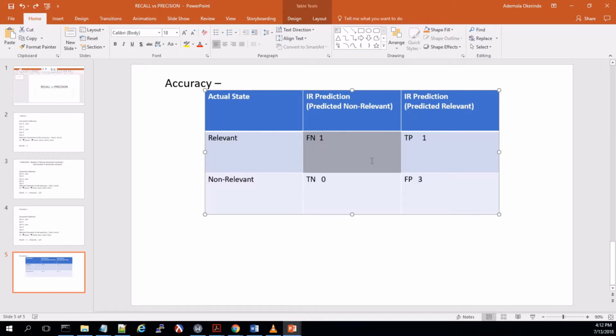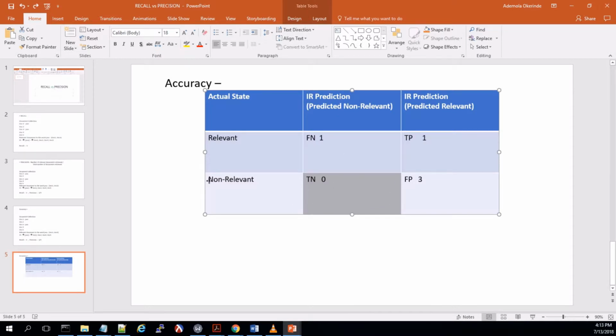Anything here is the intersection of actual relevant and predicted non-relevant. This is saying that the IR system says it is non-relevant, and the actual judgment says it is relevant.